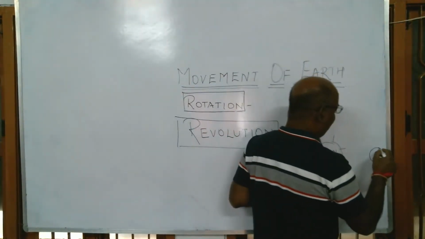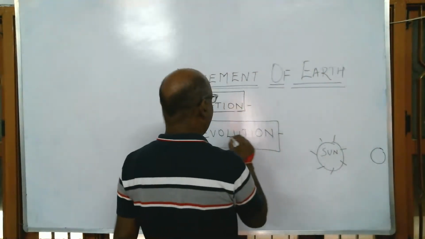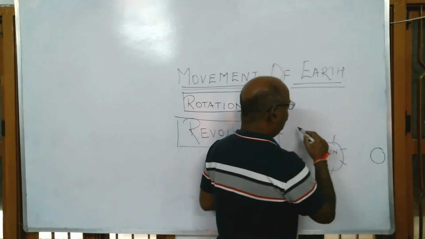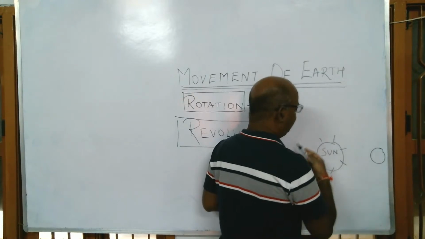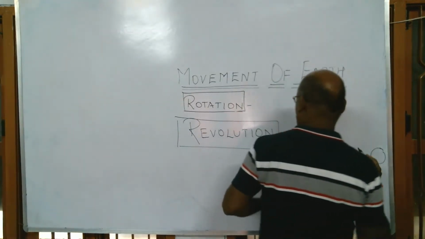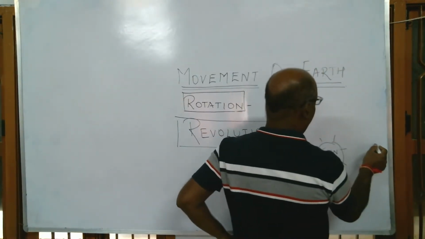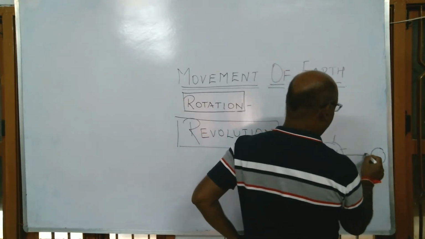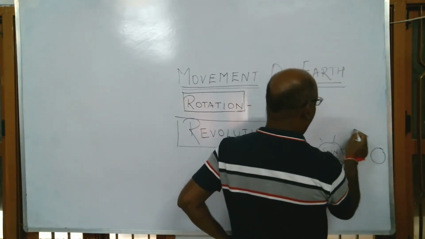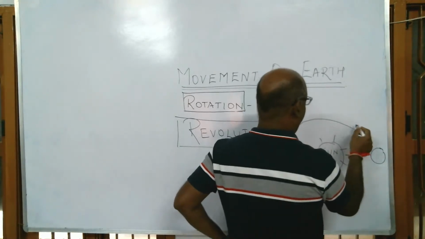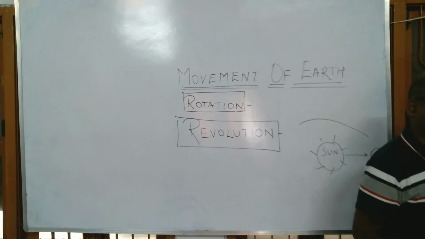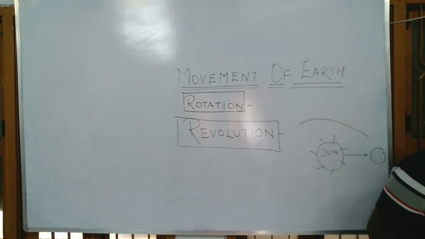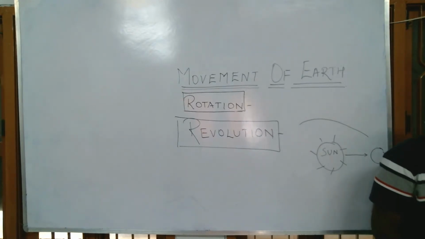Now you have seen that rotation of the Earth causes day and night. Now it is not a perfectly circular orbit in which the Earth is revolving around the Sun. Here you will find it is coming near the Sun, and while going here it is far from the Sun. Again, you know its distance is going on changing from the Sun. So it causes, yes, very correct answer.